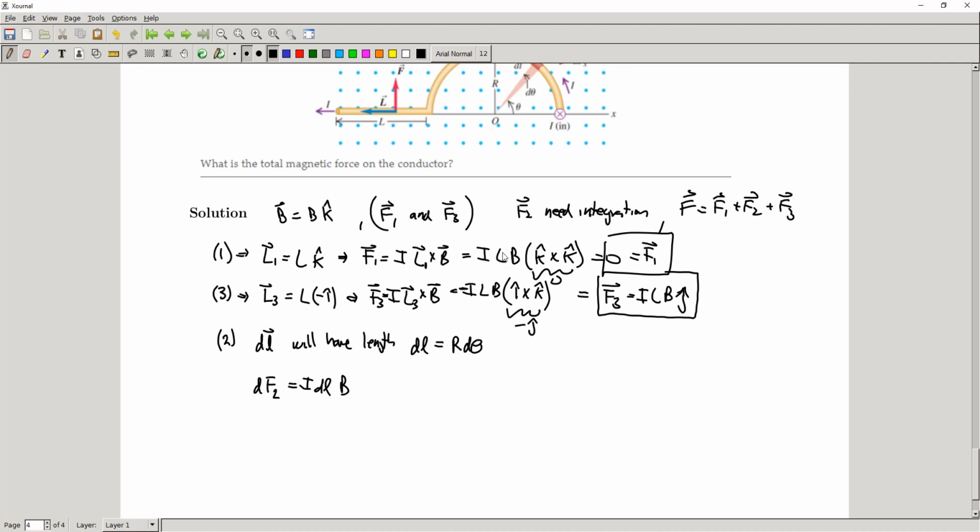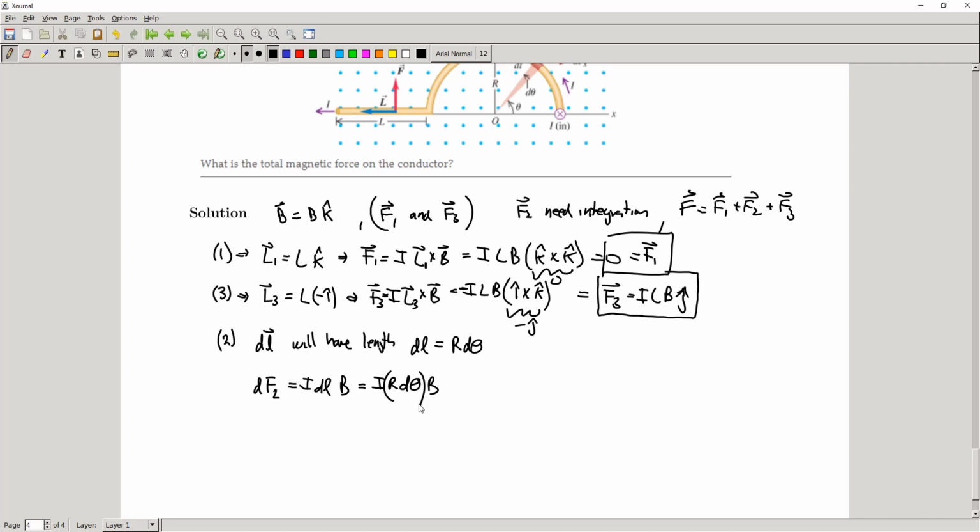So what is our dl? We can write dl as r d theta. So it's going to be I r d theta B, and this set of terms replaces our dl.